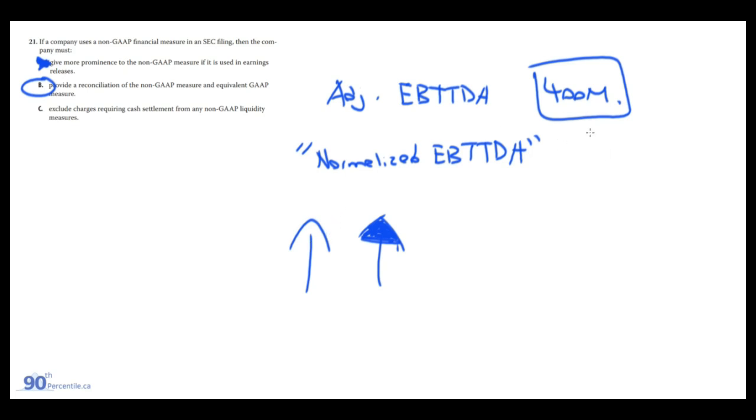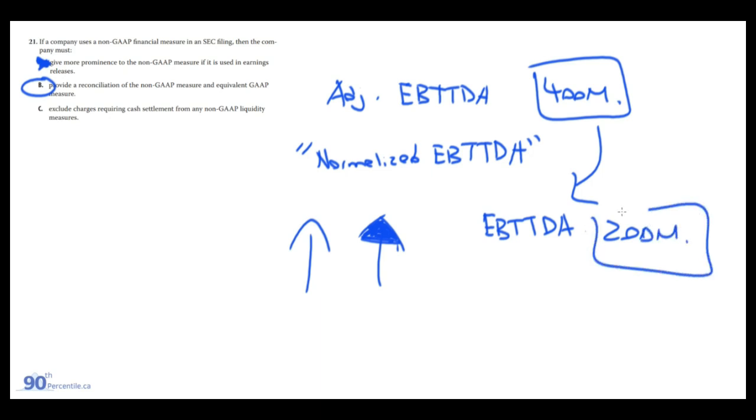But at the end of the day, they're going to have to provide a reconciliation to normal EBITDA. They're going to have to show line by line how their adjusted EBITDA reconciles to maybe their normal EBITDA of 200 mil or something like that.